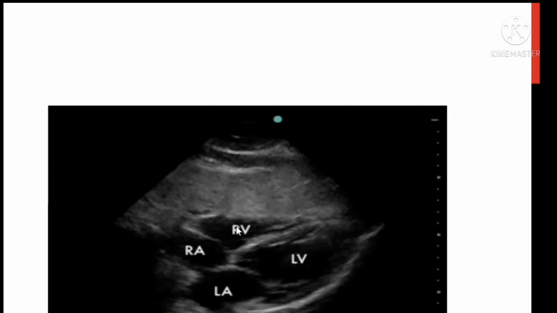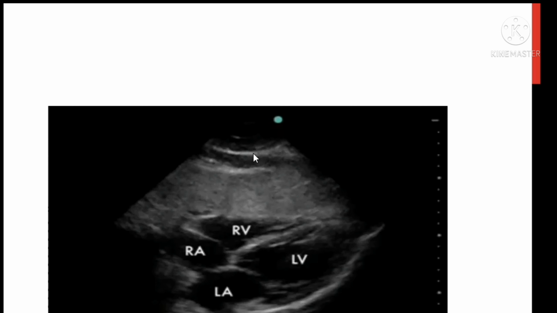If you move your direction more posteriorly, the posterior one is the left ventricle. There are many reports of people saying the right ventricle is greater than the left ventricle, because if you move more posteriorly, the posterior one is the left ventricle.